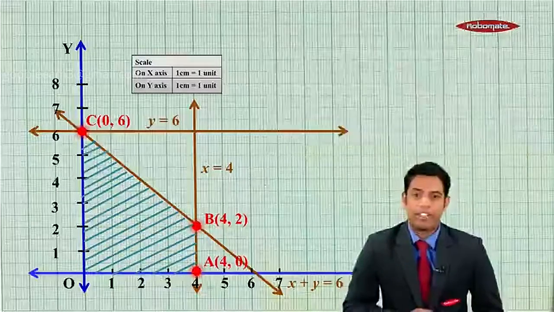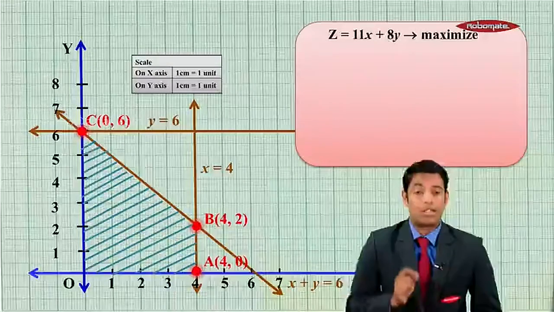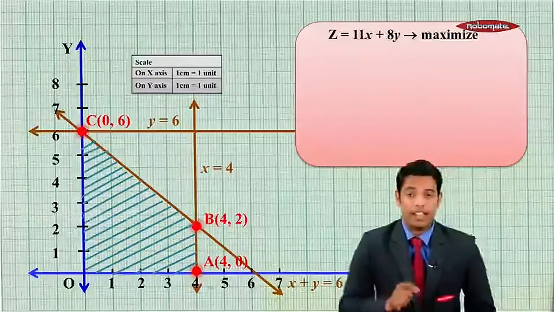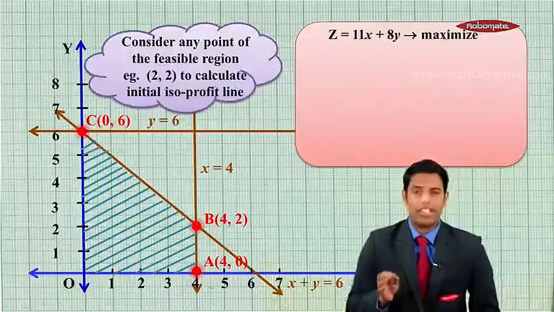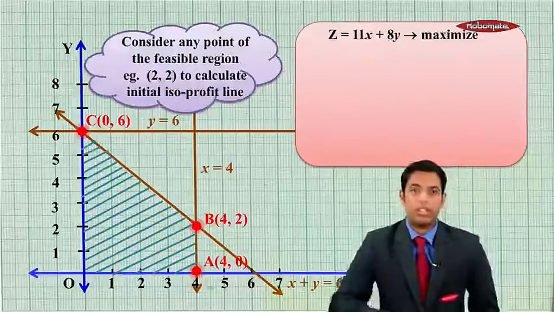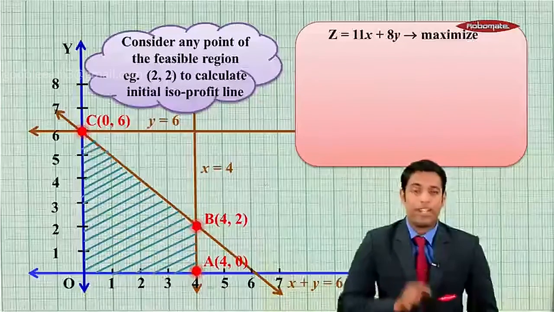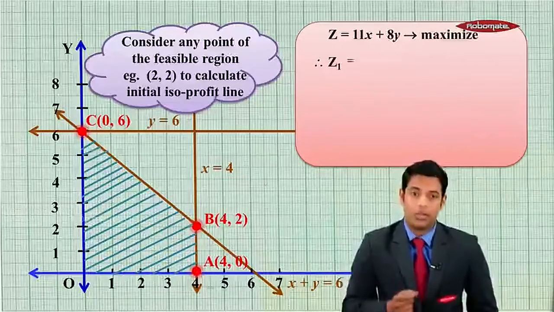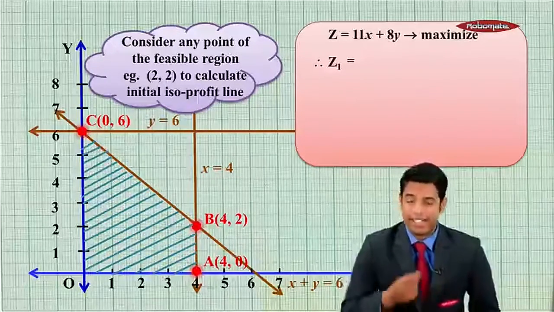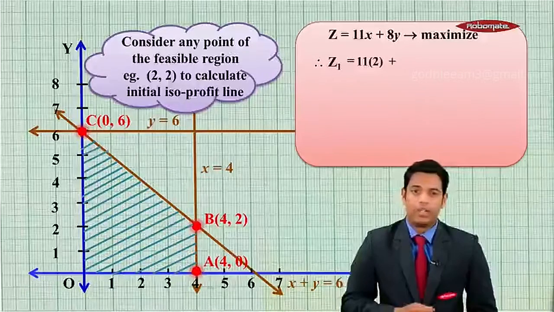And after that, we will apply our isoprofit method. So for that, consider any point inside the feasible region. So let that point be (2, 2). So put (2, 2) in our objective function and evaluate it. So z at (2, 2) we will call z1. That will be 11 into 2 plus 8 into 2.